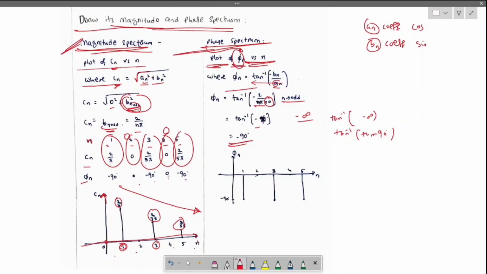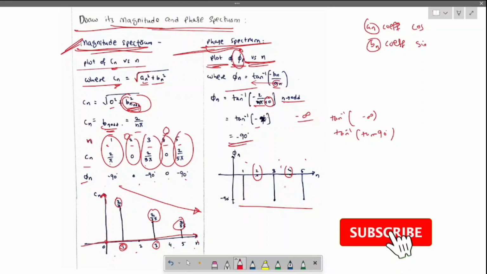Otherwise it is 0 for the evens, okay? When you plot the graph, like 1, 3, 5, it only exists. For 2, 4, 6, it will be 0, okay?